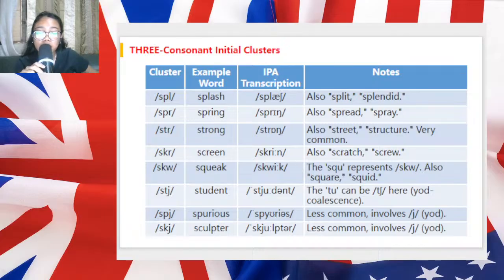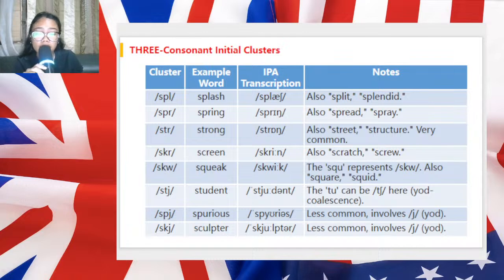The K sound here is also unaspirated because it's after an S. So it's a direct, tight blend from S to the K to the R. You also find this in scratch and screw.